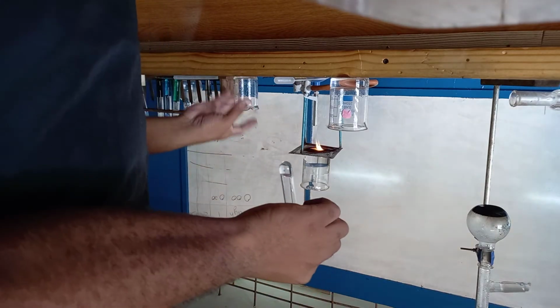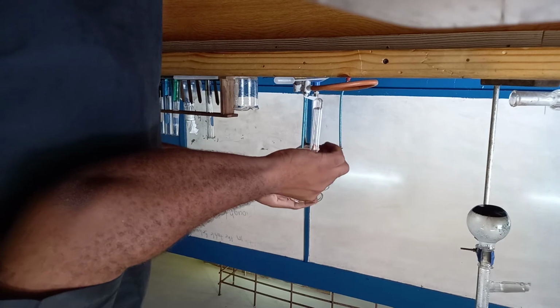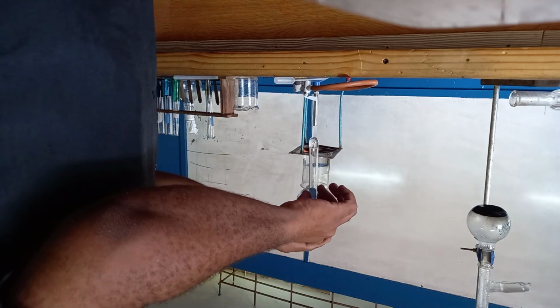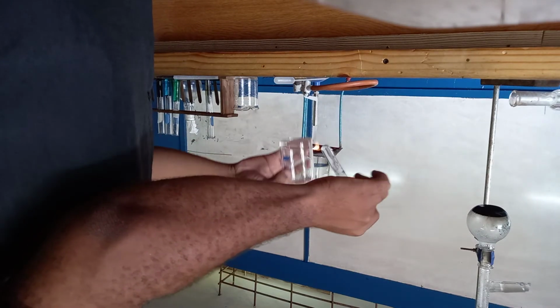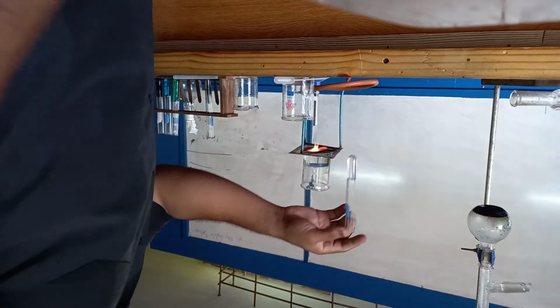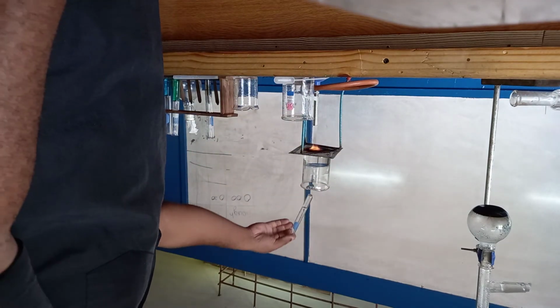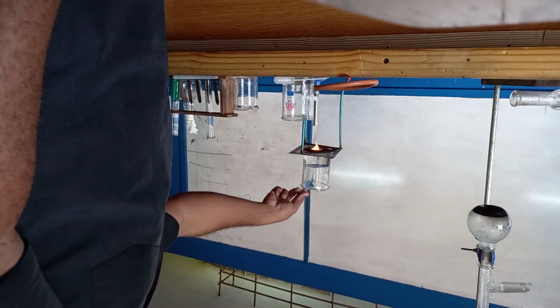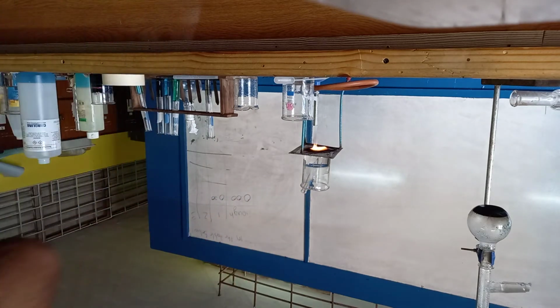Alright, this is enough. So this is the silver mirror test for our product. I'm going to move the phone closer so you can observe the actual formation of it.